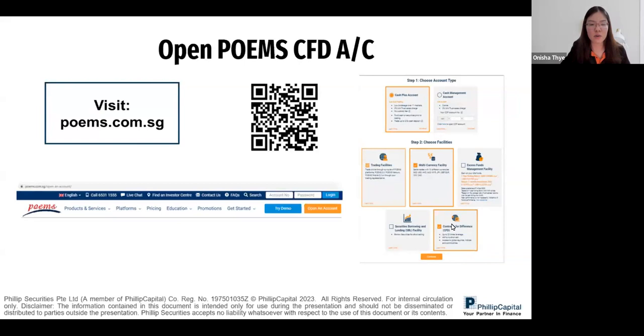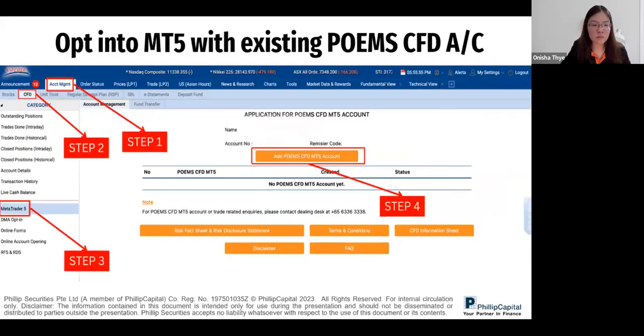Then you can continue registering using your details. Now, after you have a POEMS CFD account, you can opt into MT5 with the existing POEMS CFD account you have. What you need to do is go to your account management, then go to CFD, and then select MT5, and that is how you add your CFD MT5 account.